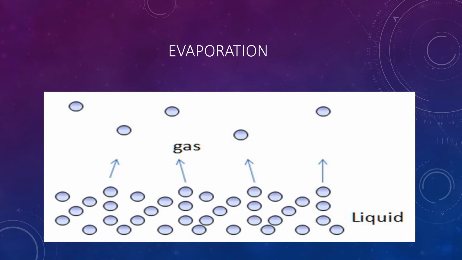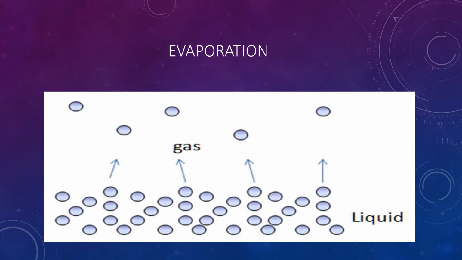The water in the water bodies will turn into the gaseous state. So how is this happening? Just understand that some molecules in the liquid have high kinetic energy, and particularly these molecules will be at the upper surface.